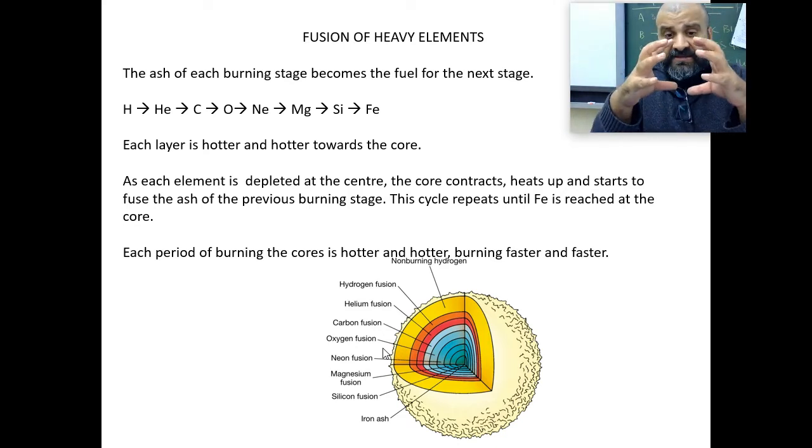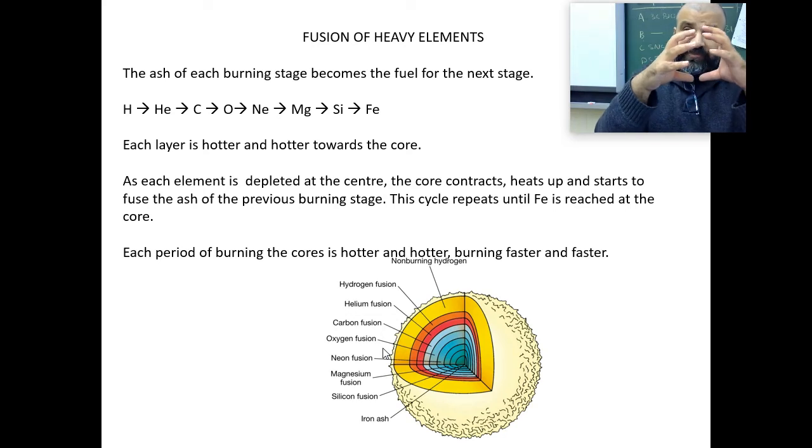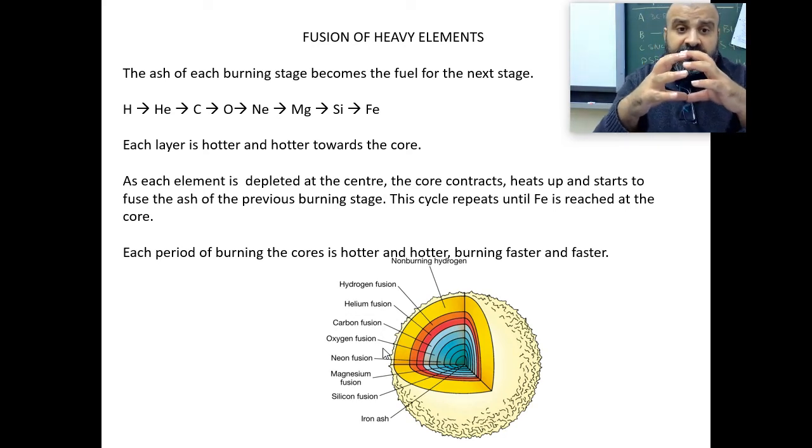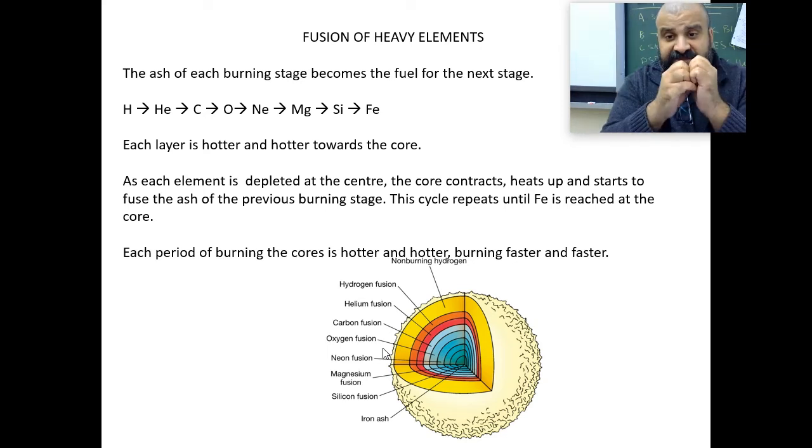So then we have balance again. The helium gets all consumed. You're left with carbon, right? It collapses because you can't fuse carbon, it's not hot enough. As it collapses, it gets hot, starts fusing into oxygen, right?